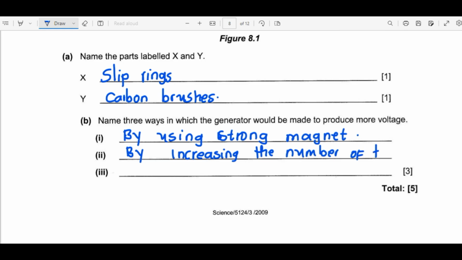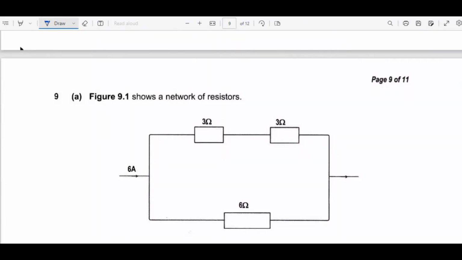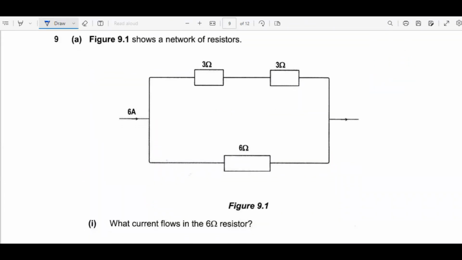Then by increasing current. These can help. Then for the last question, question 9a, Figure 9.1 shows a network of resistors.